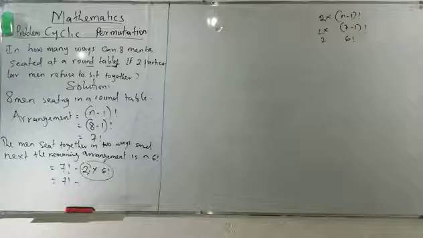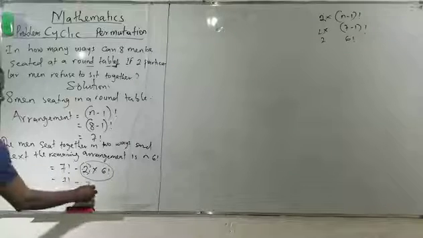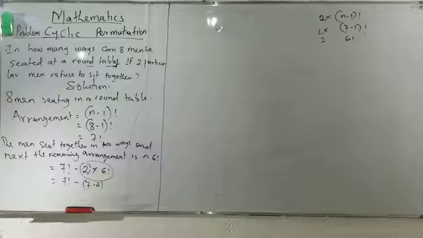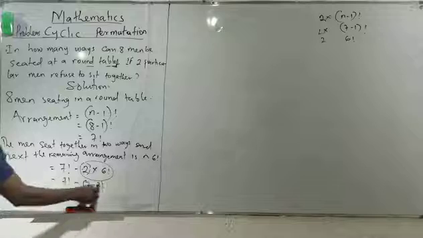Okay, n factorial minus what? This is going to be n factorial minus n minus 2 bracket of what? Bracket of factorial.